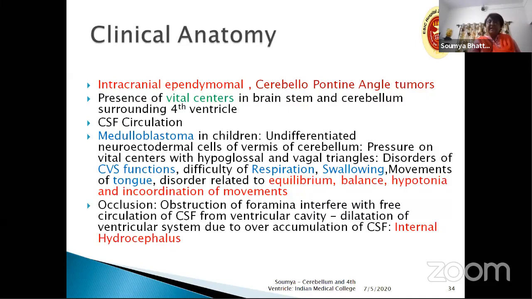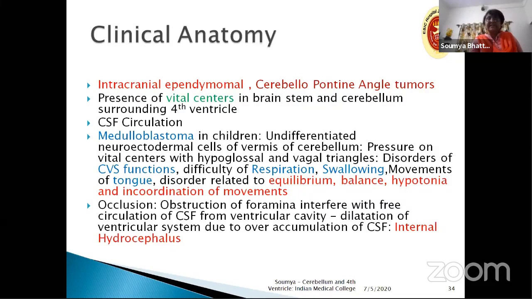So whatever you read in the archicerebellum, paleocerebellum, and neocerebellum can also be attached to the clinical anatomy of the fourth ventricle when there is a medulloblastoma. There can be occlusion or obstruction of any of these foramina, cerebral aqueduct, central canal of spinal cord, foramina of Magendie and Luschka. What happens?